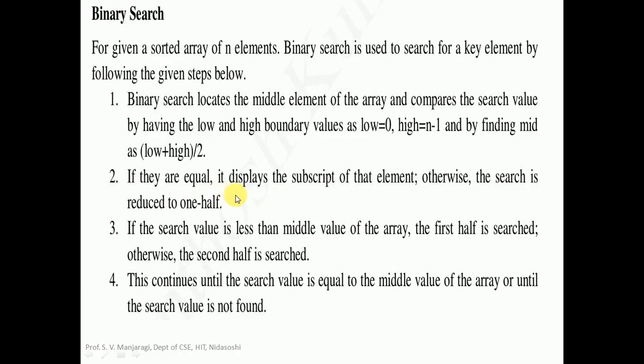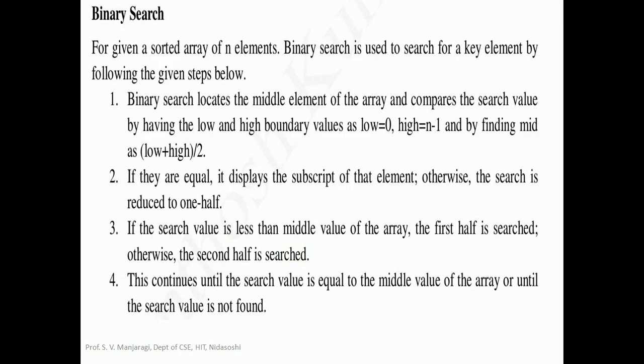If the key doesn't match the middle element, then check whether the key is less than or greater than the middle element. That is because, as we already learned, for binary search the input is a sorted array. Assume the elements are sorted in ascending order. After finding the middle element, the array is divided into two parts.